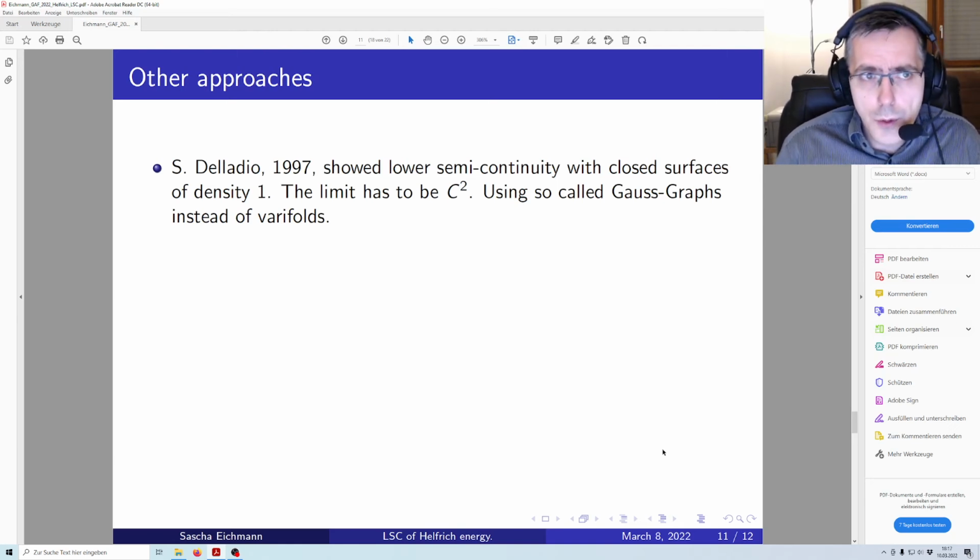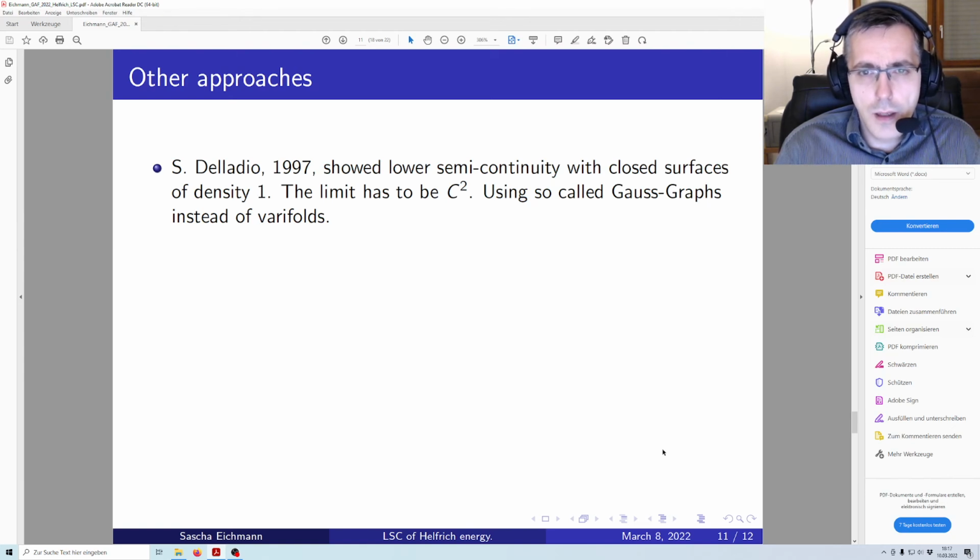Enough with the proof. Let me tell you about some other approaches to this lower semi-continuity problem. In 1997, Delladio already looked at it and tried to solve this problem in the setting of so-called Gauss graphs. Gauss graphs are also part of geometric measure theory.